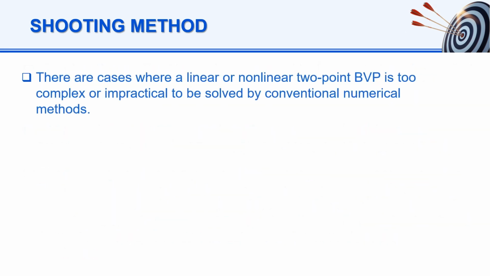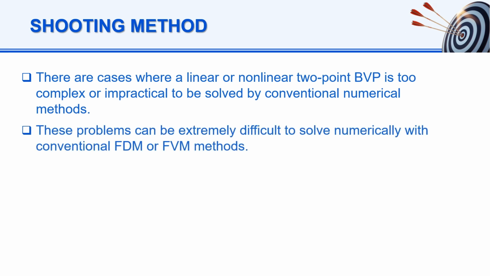There are cases where a linear or nonlinear two-point boundary value problem is too complex or impractical to be solved by conventional numerical methods. These problems can be extremely difficult to solve numerically with conventional finite difference or finite volume methods.